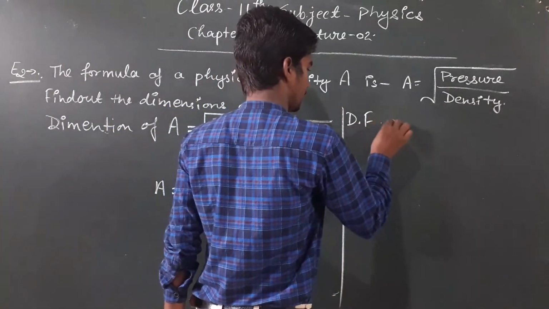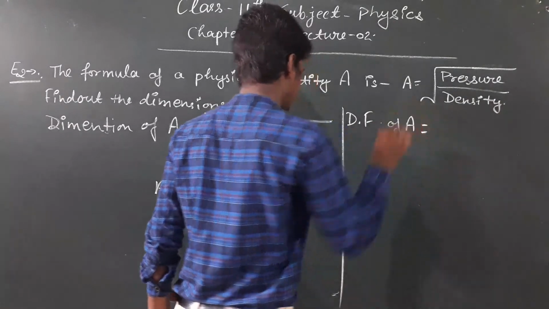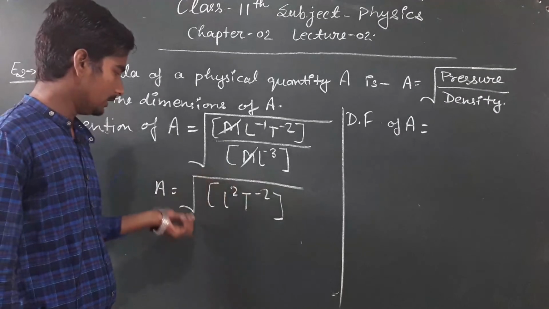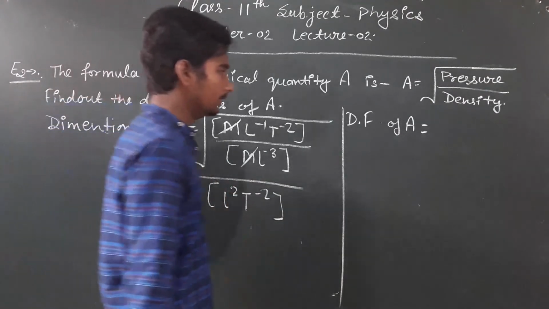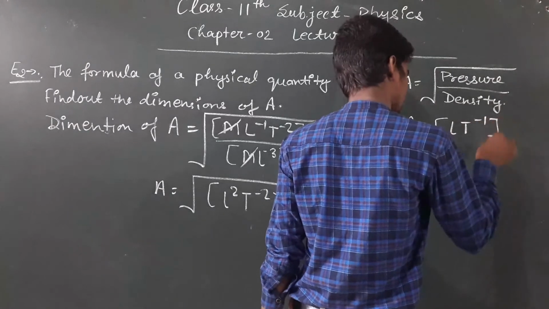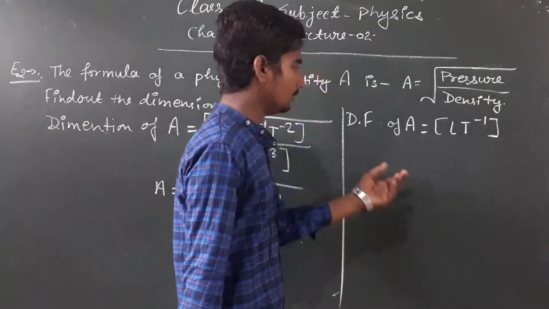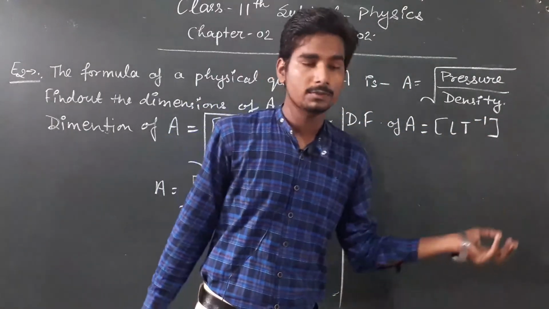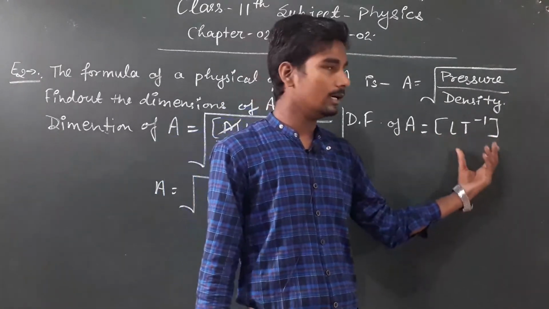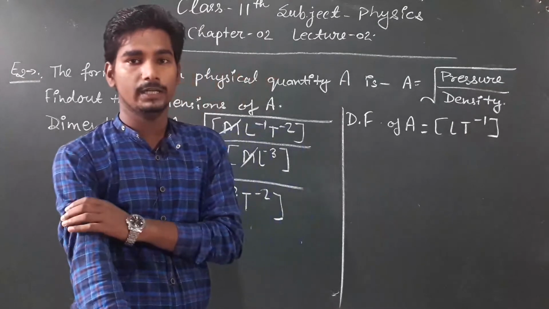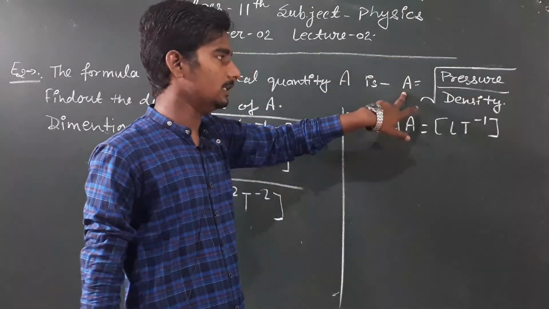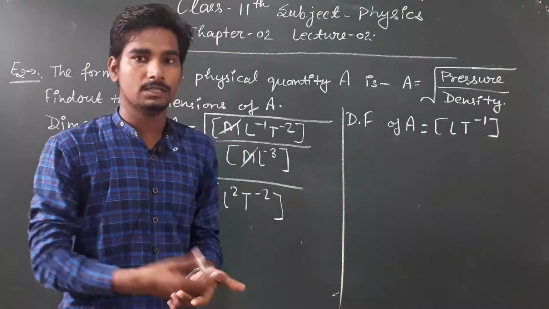So the dimensional formula of A, if you find the square root of this quantity, we get L T minus 1. If we closely observe the dimensional formula of capital A, this is the dimensional formula of velocity or speed. We can say that this physical quantity is the velocity of any body.